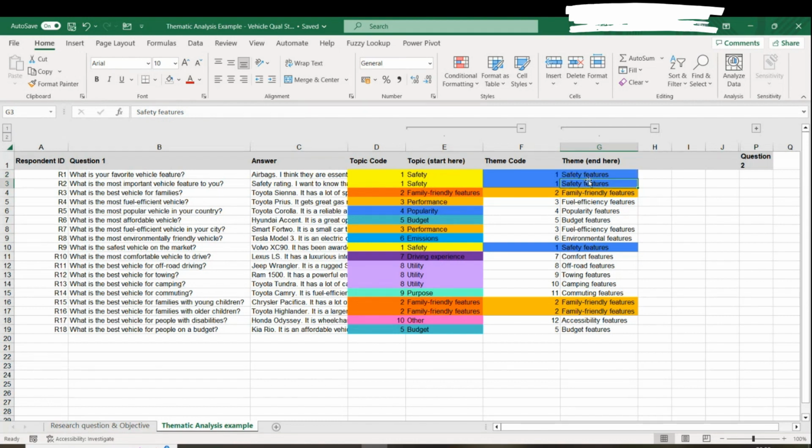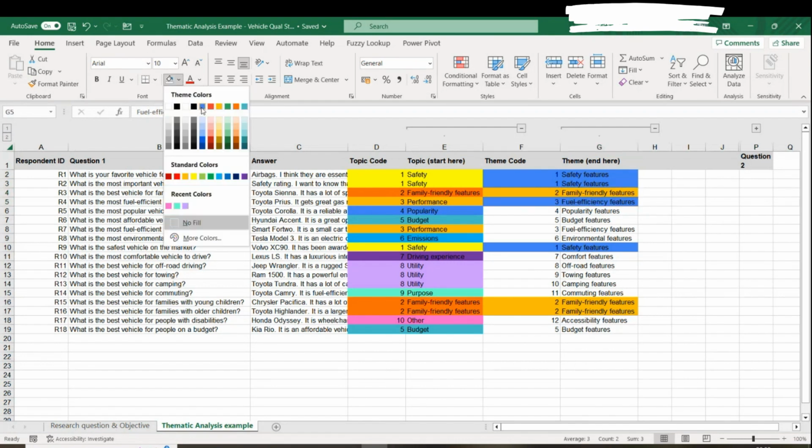It's things coming from this type of research where people have said this vehicle is known for safety. This is where you can position your different brands. It could be a vehicle or any type of product, or a certain brand that you're looking into. So we would then give that a different color.